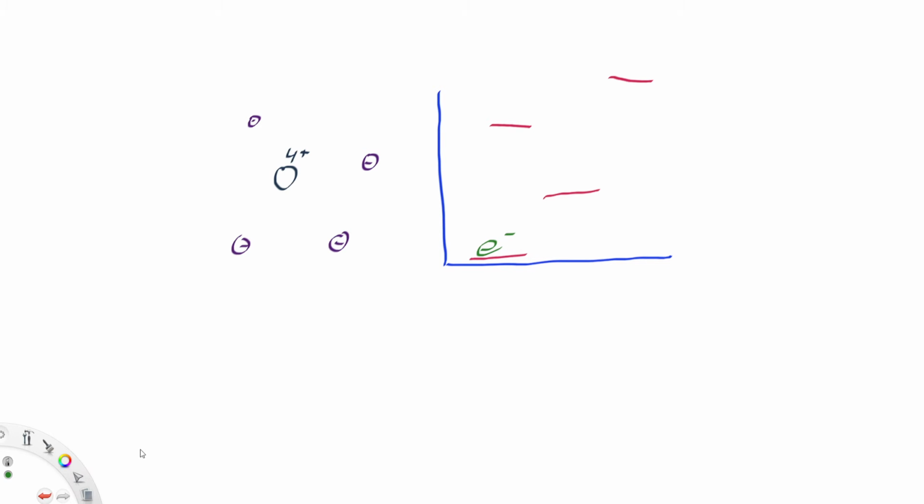And some light comes in, and this is light that's below the minimum frequency to kick the electron out completely. That is, the photon has less energy than the ionization energy of this electron. So light comes in, and even though it's not going to kick the electron off completely, like in the photoelectric effect, it's going to give it enough energy to move up here.